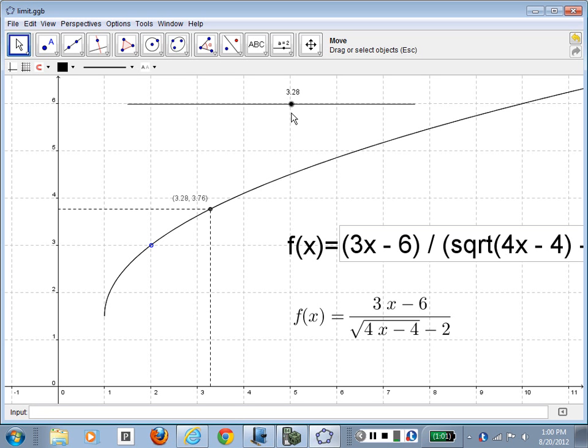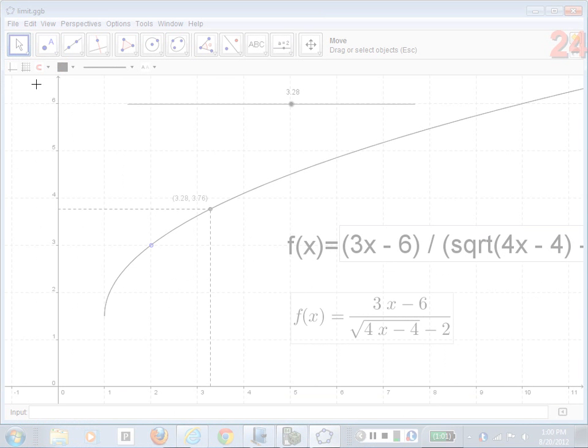Now, if we were to consider the domain of this function, there are a couple of different ways where a number can fail to be in its domain. First of all, we'd have to be able to evaluate the square root of 4x minus 4, and we'd have to get a real number as the answer when we do that.